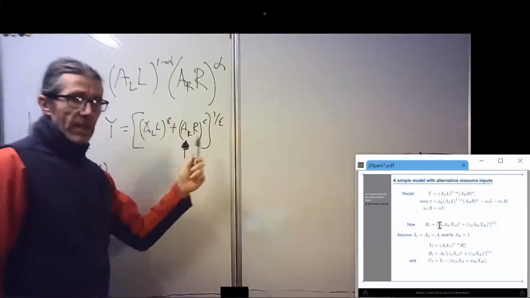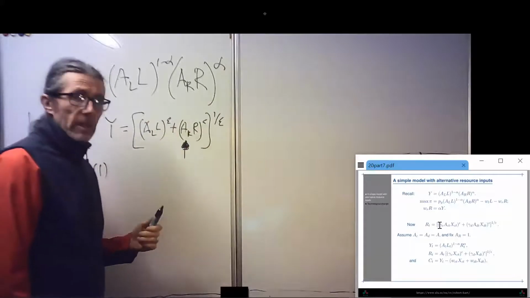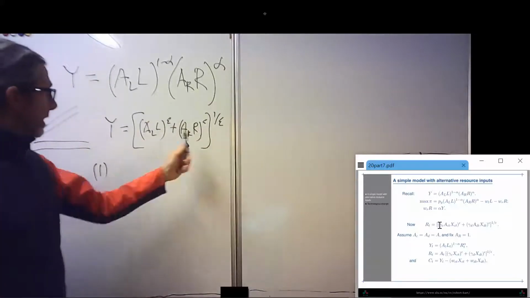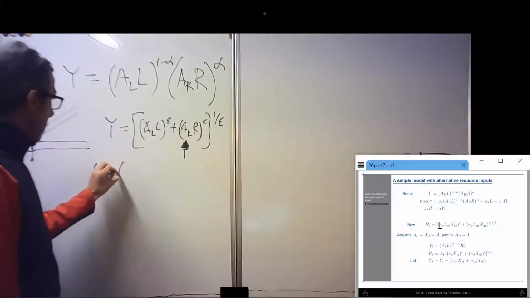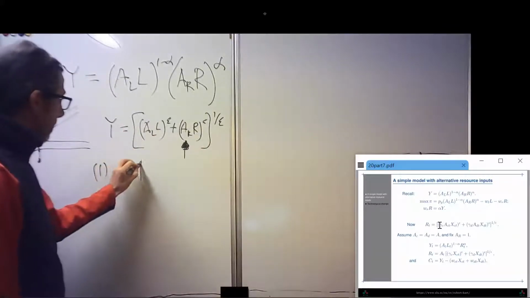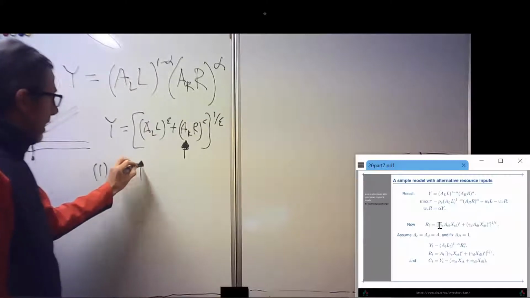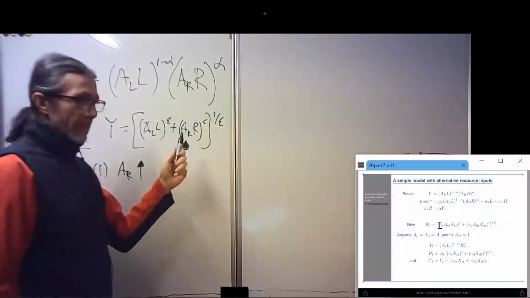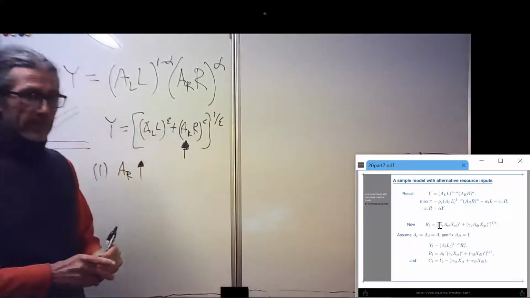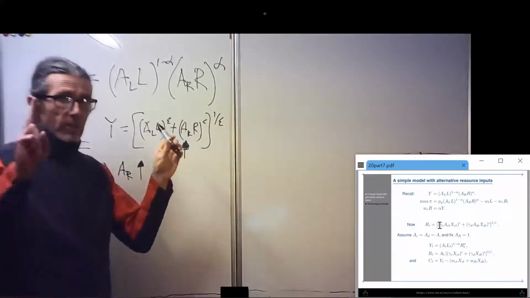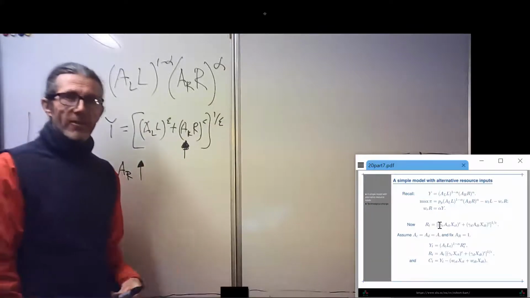There's no math in that paper, so a lot of it is implicit. But implicitly, he's assuming we've got some function like this, and we can raise AR. And he argues that will happen endogenously. Endogenous growth theory didn't exist then, but he argues that it would happen endogenously, waving his hands around, so to speak.